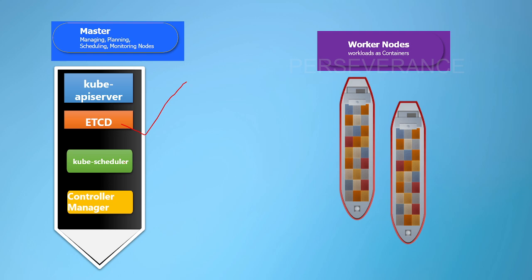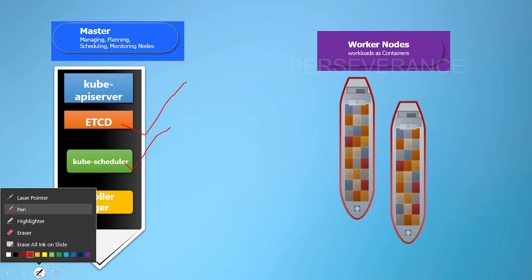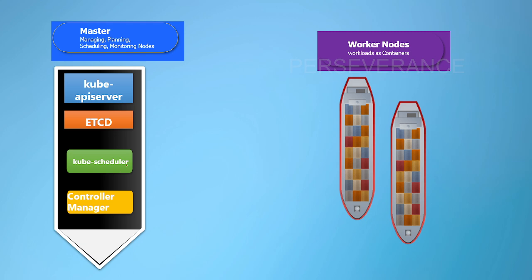All right, fine. And what is kube scheduler now? So kube scheduler is the one which proposes to the kube API server. Let me expand this. A requirement came to deploy a container, right? We have two worker nodes here, worker node 1, worker node 2. So we need to take a decision on which worker node this new container should be placed.